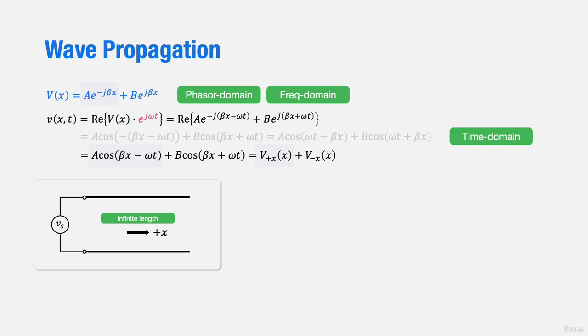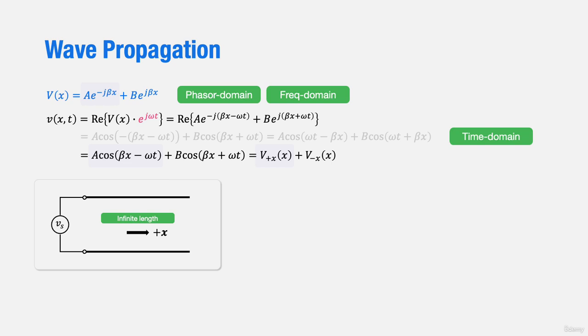It won't encounter any obstacles, and therefore there will be no wave reflected back and propagating in the negative x direction. As a result, we can ignore the term related to the negative x propagation in v of x for now. We will examine its significance later when we discuss finite length transmission lines.